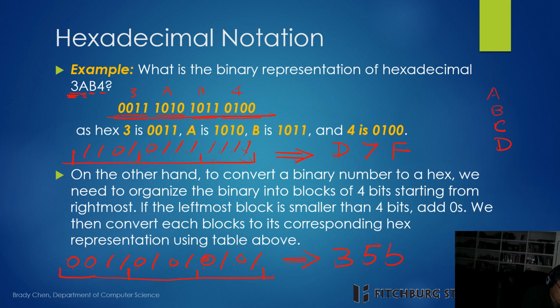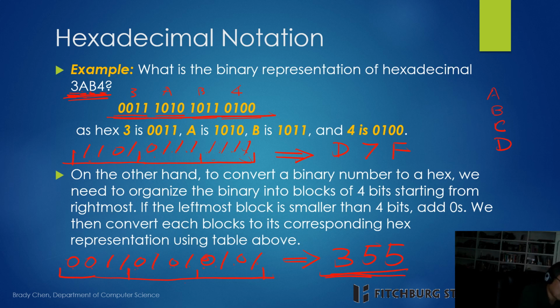0101, that's 5. Okay. Now remember, sometimes it's confusing between decimal and hexadecimal. If you see 3AB4, something like this, you see the English letters A, B, C, D, E, F, then you know it's hexadecimal. But for this case, it's 355. Sometimes you can interpret it as a decimal number, sometimes as a hexadecimal.